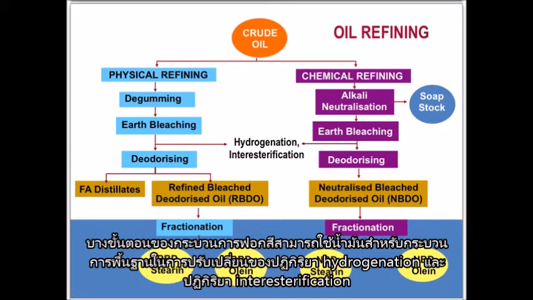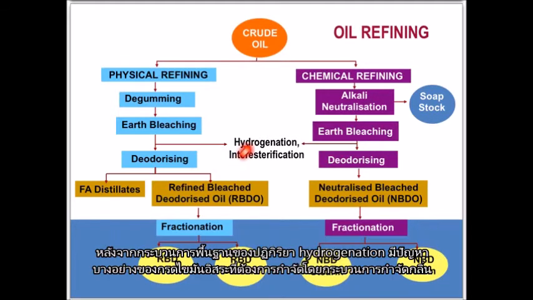At some stage after the bleaching process, we can take the oil for modification processes, for example, hydrogenation and interesterification. But after this process, for example after hydrogenation, probably some free fatty acid needs to be removed by the deodorization process.